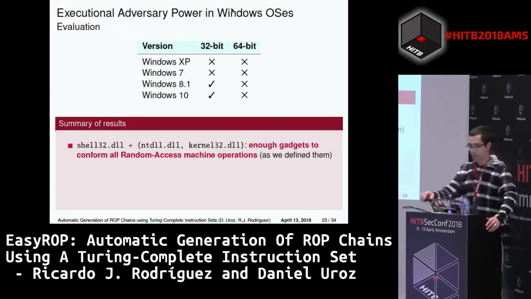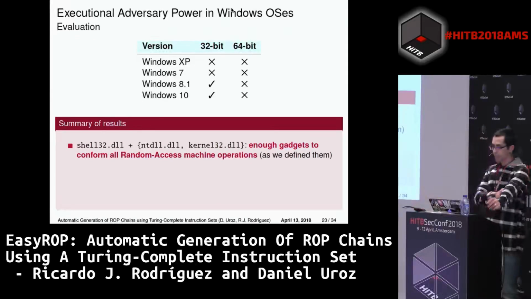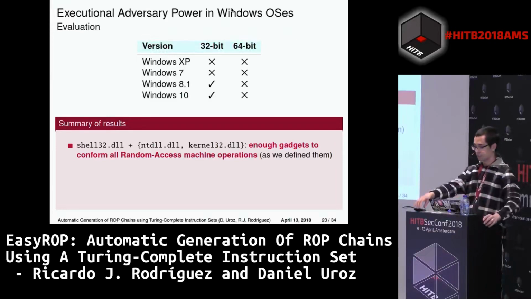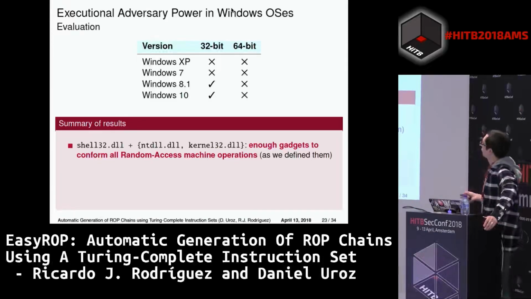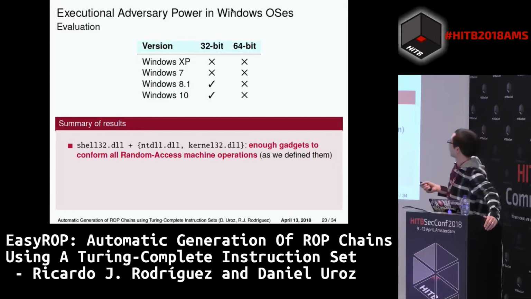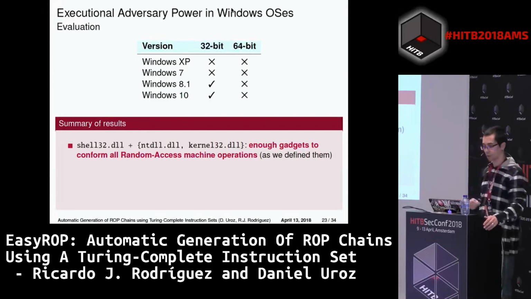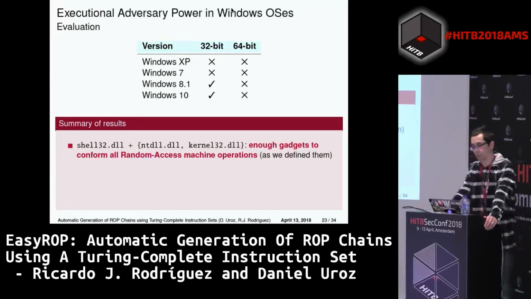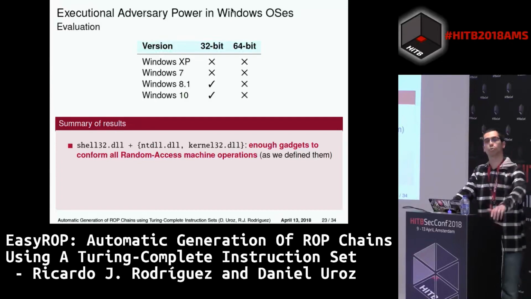Regarding the evaluation, this is what we got. If we consider this DLL, which deals with everything related to the shell for using the shell from an application, plus NTDLL or kernel32, we have enough gadgets to form every one of the random access machine operations that I have told you before.